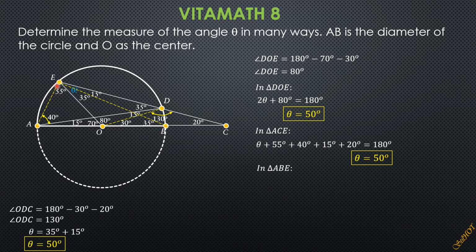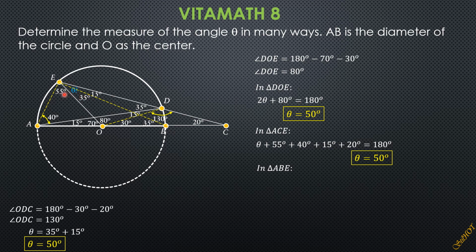So the measure of the angle AEB should be 90 degrees because these yellow chords subtend this semicircular arc. The central angle is 180, so angle AEB should be 90 degrees.